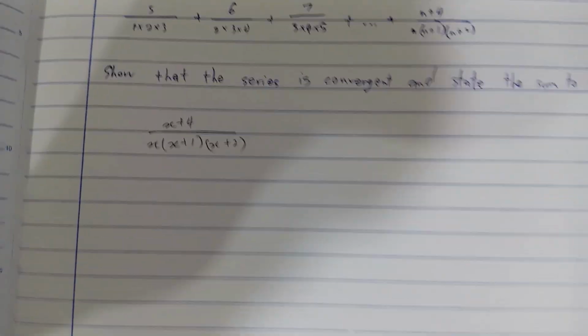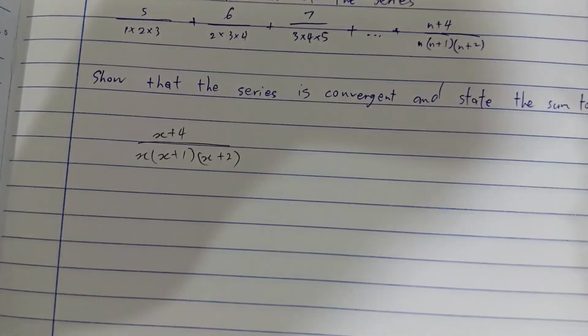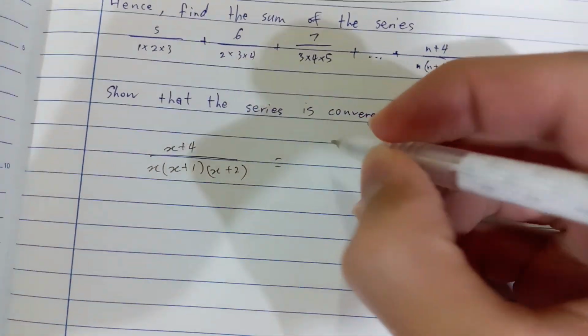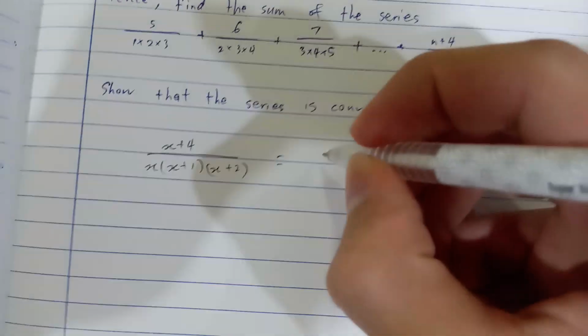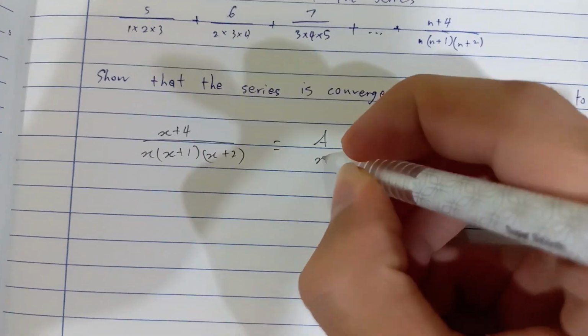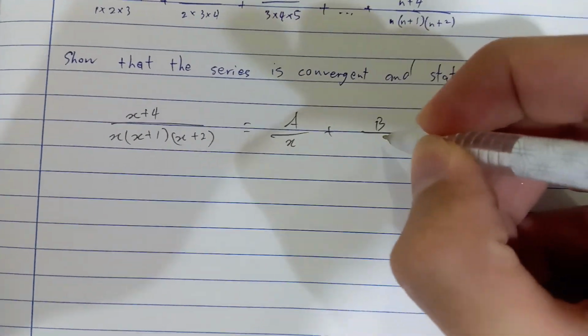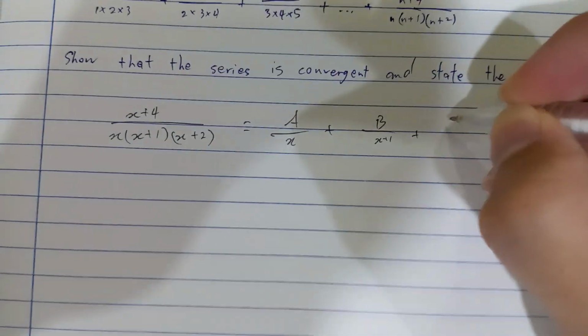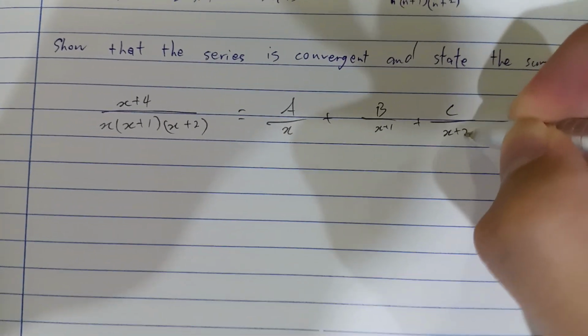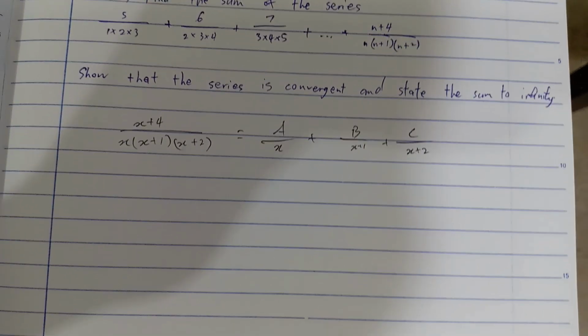So when you're asked to do partial fractions, you let it equal A over x plus B over x plus 1 plus C over x plus 2, like this, and then you find the numbers.